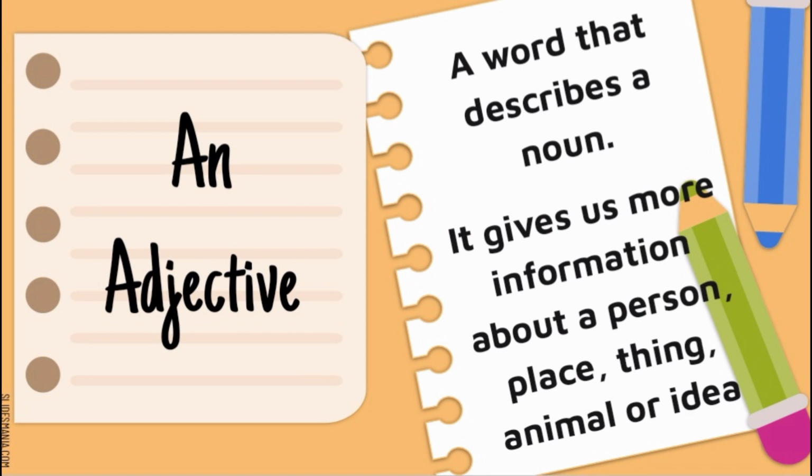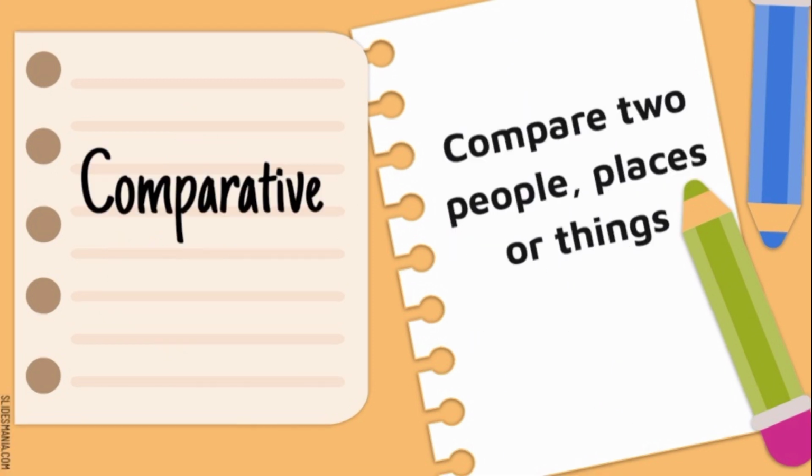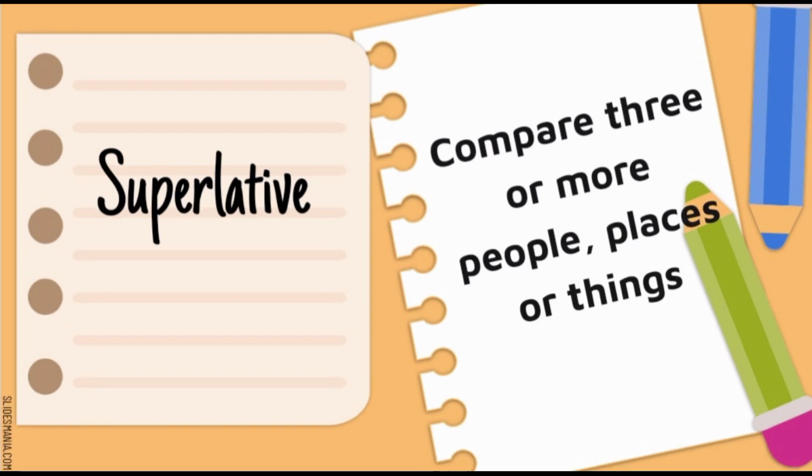Big here is an adjective, a word that describes the noun table. While comparative means you compare two people, places, or things, and superlative means you compare three or more people, places, or things.